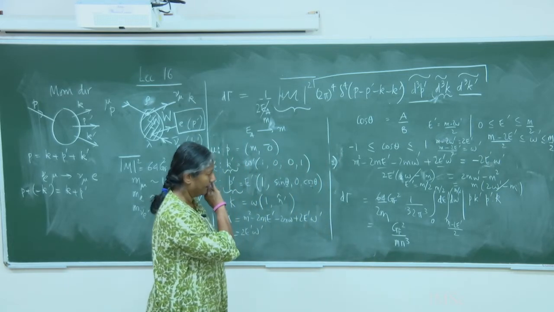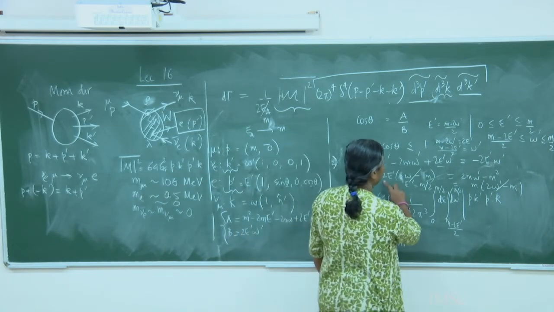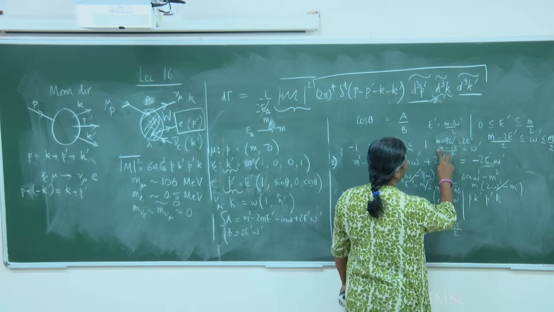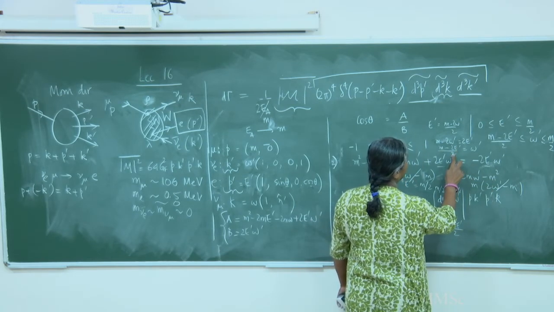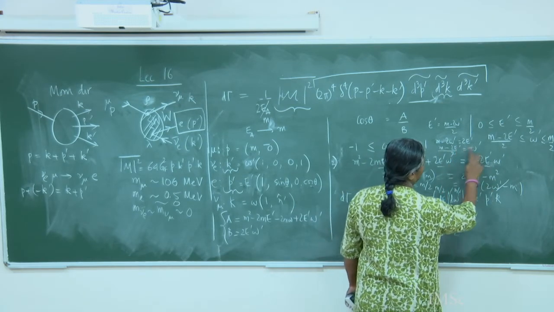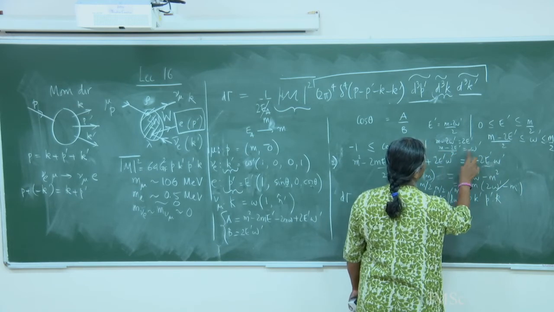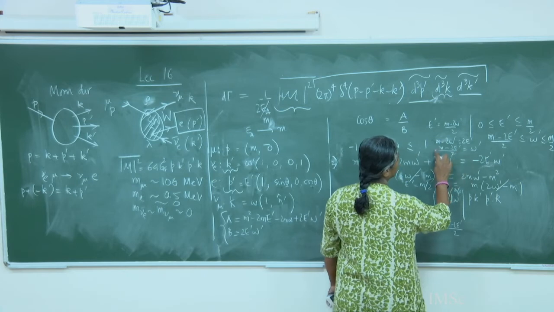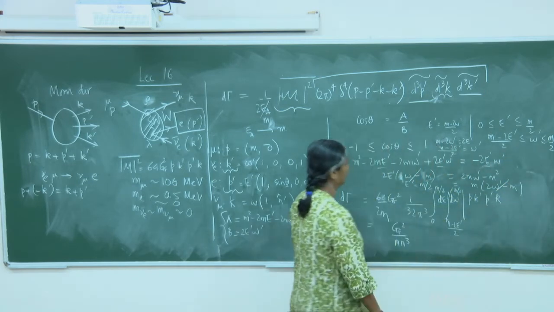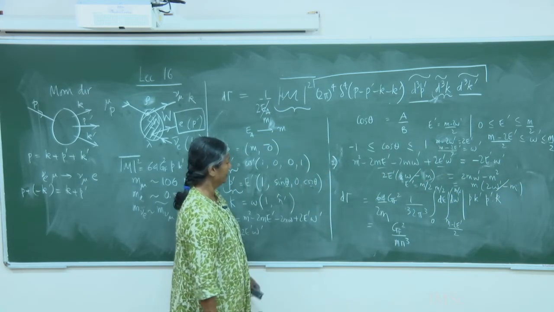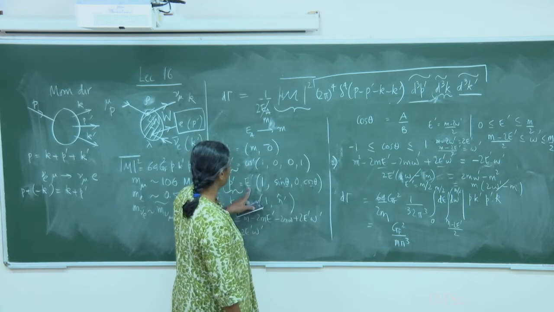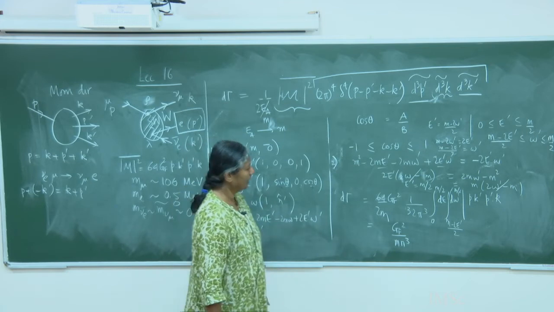Here I got E prime less than m by 2. So then if E prime is equal to m by 2, then this is just equal to 0. So omega prime depends on only E prime. So omega prime goes to m minus E prime by 2, and when E prime is 0, omega prime goes to m by 2, right? It is the inverse argument. When omega prime equal to 0, E prime is m by 2. When E prime is equal to 0, omega prime goes to m by 2.